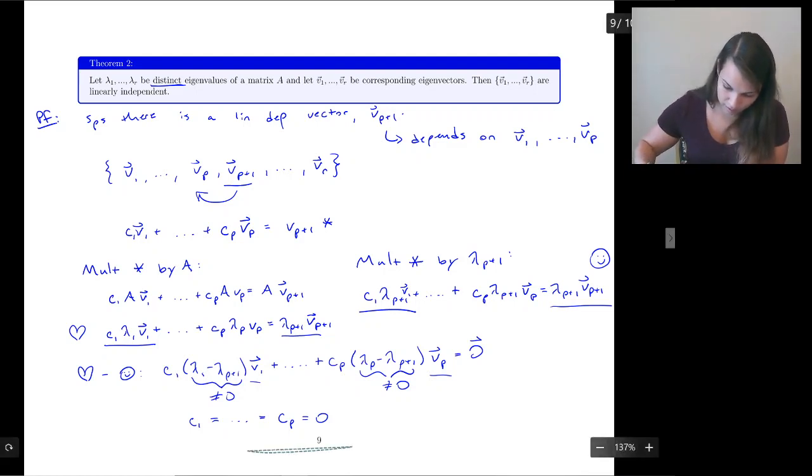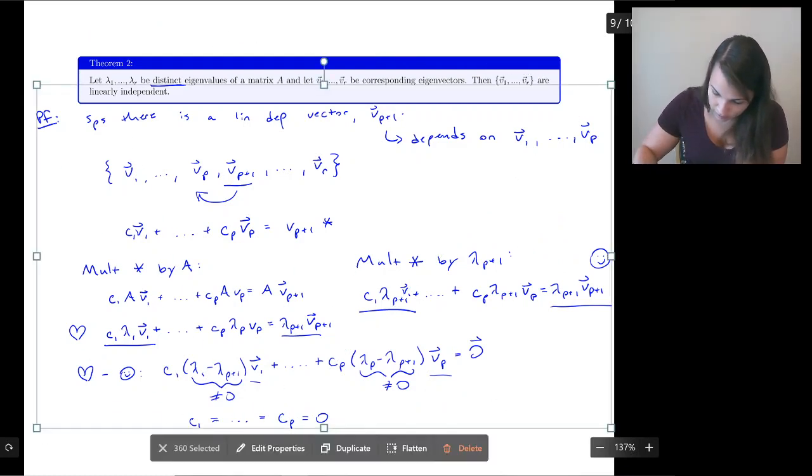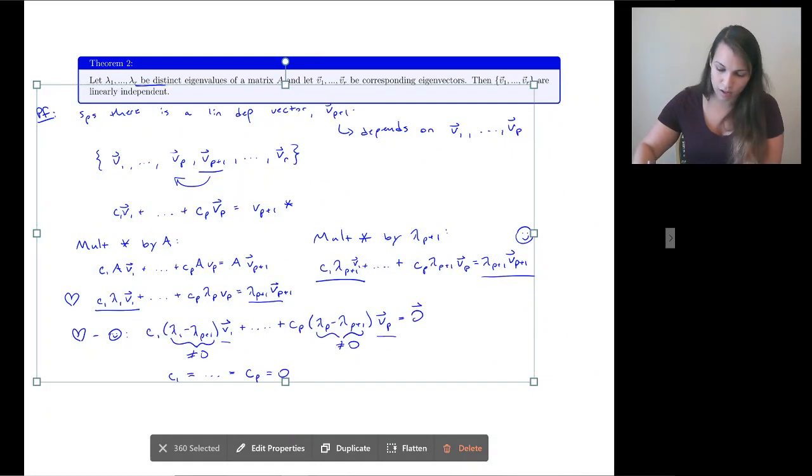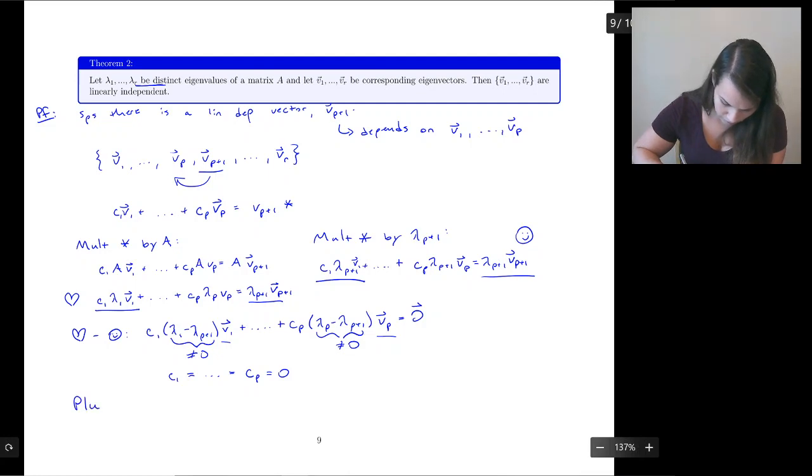So then, if all of our coefficients of C are equal to 0, let's plug that into star. So star is this guy again, right here.